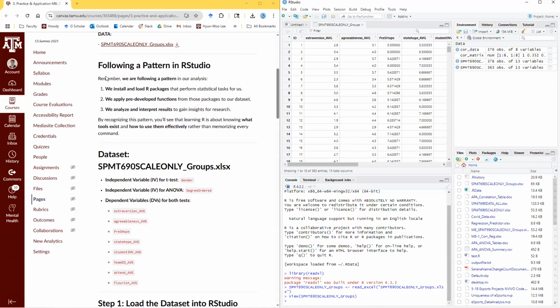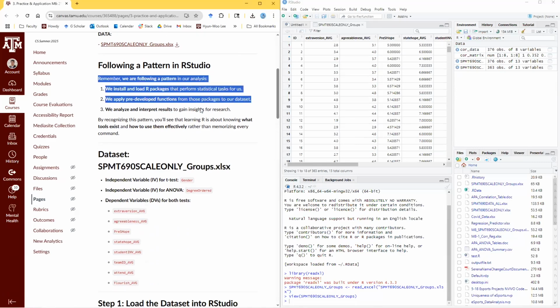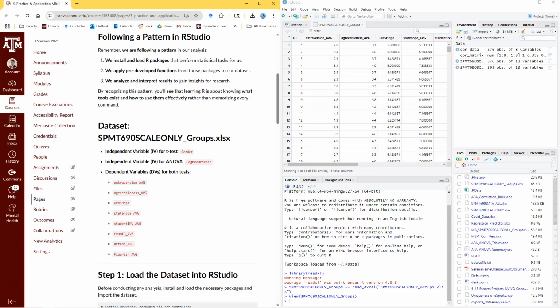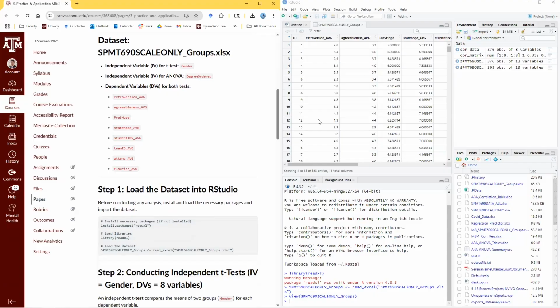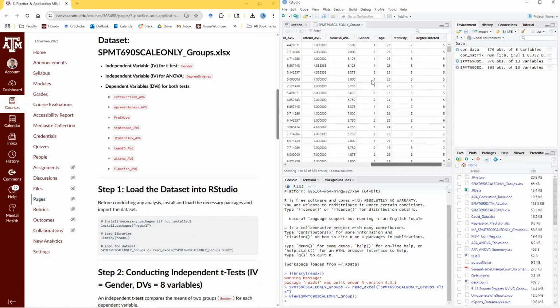Our task is to load the right R packages, run the functions that I provide to you, and analyze and interpret the results. If we look at the data set, we have two types of gender recorded in our data, which is suitable for a t-test.